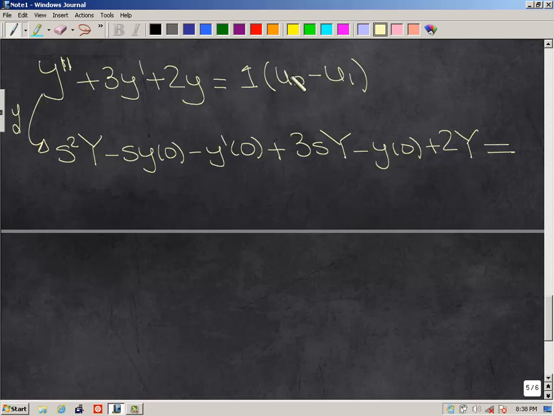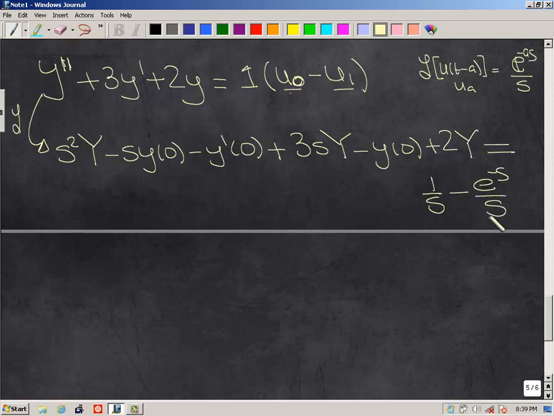This is just 1, so if you distribute, you're just going to get u naught minus u1. Laplace of u naught, so if you recall, Laplace of u of t minus a, or u of a, whatever you want to call it, is e to the minus as over s. In our case here, a is 0, so you get e to the 0 over s, so you get 1 over s, minus Laplace of u1, so you get e to the minus s over s.